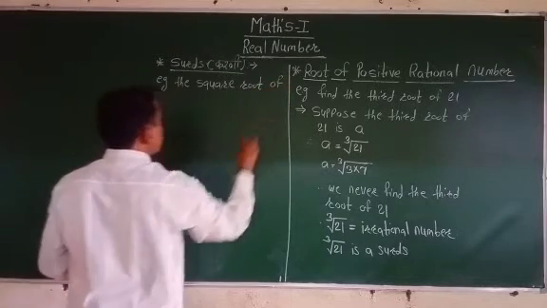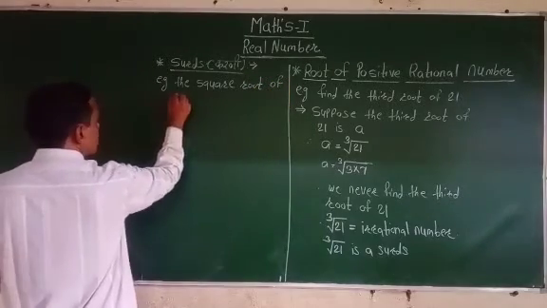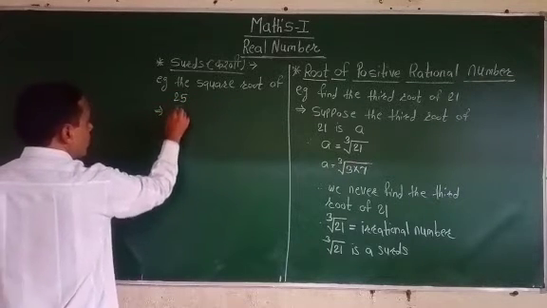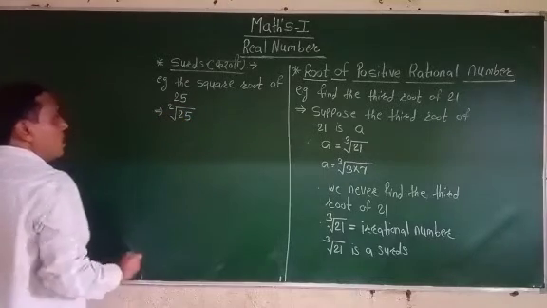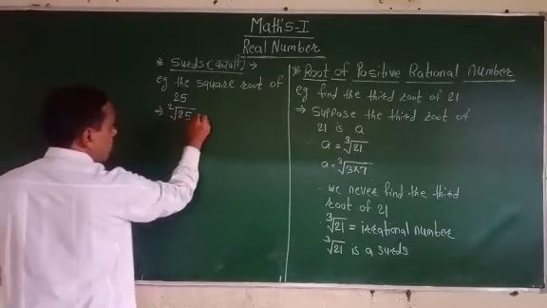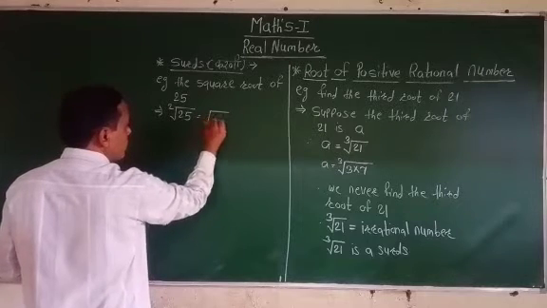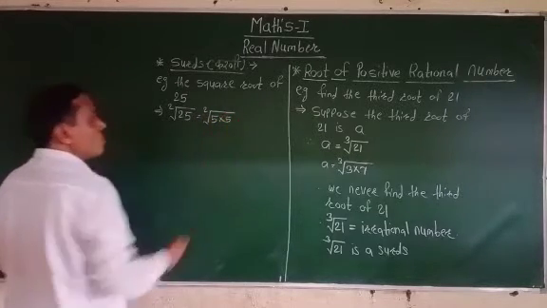The square root of 25. The square root of 25 we can put down in the radical sign, and we get the 2 at the head. When we convert it into product form it is 5 into 5.